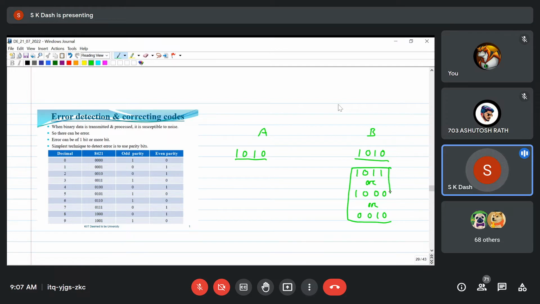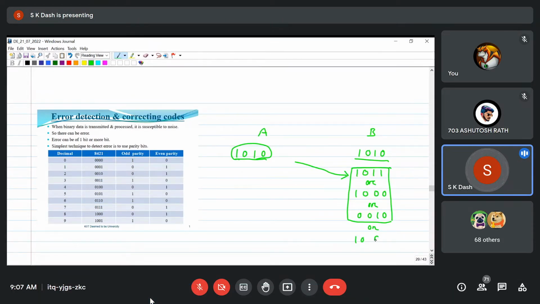Is it the correct data? Are all of these correct? Whatever I am sending, is it correctly received? If I receive these, they are not correct.